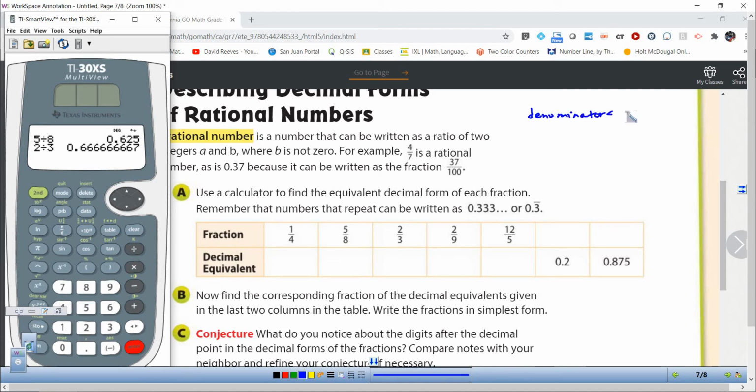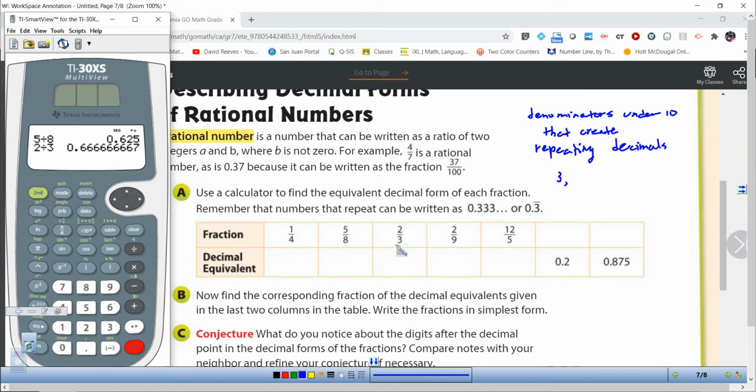Just so you know, denominators under 10 that create repeating decimals. Those denominators are 3.